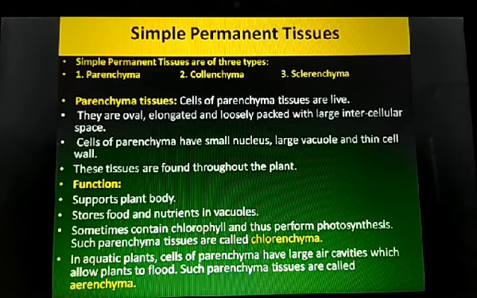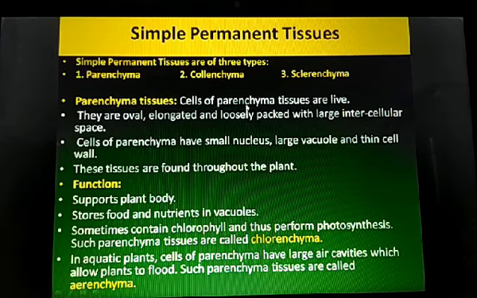Now, simple permanent tissues are of three types. First is parenchyma, second is collenchyma, and third is sclerenchyma. Parenchyma tissues. Let's discuss the characteristics of parenchyma tissues.